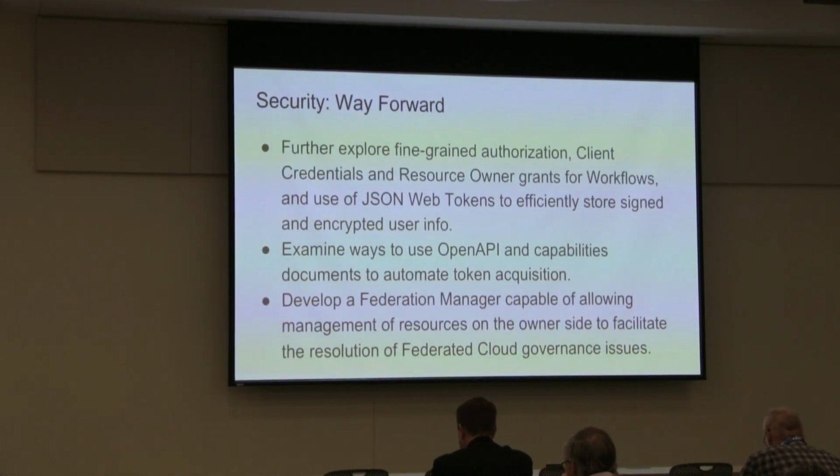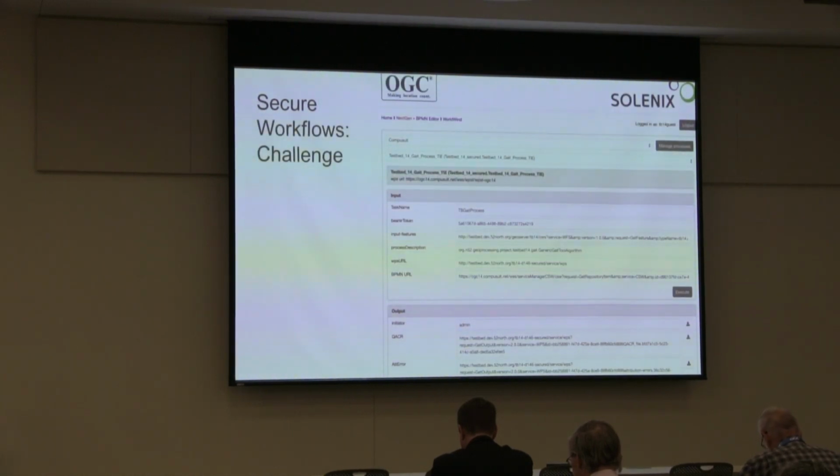We also want to look into how to use OpenAPI, since it has become very popular in a lot of the new REST services and capabilities documents, to maybe automate the way we do the token acquisition, and to develop a federated manager that is capable of managing these different resources on the owner side, to facilitate the resolution of the different governance issues that can be part of federated clouds.